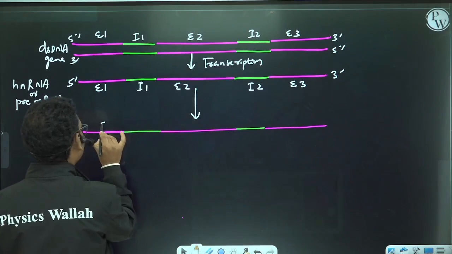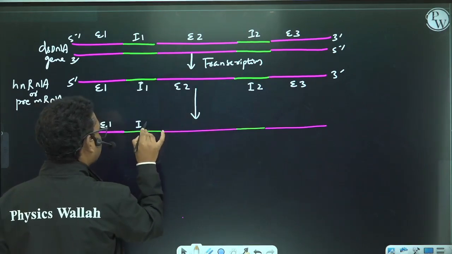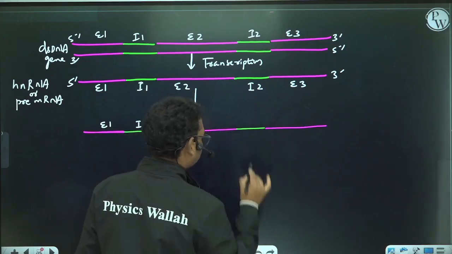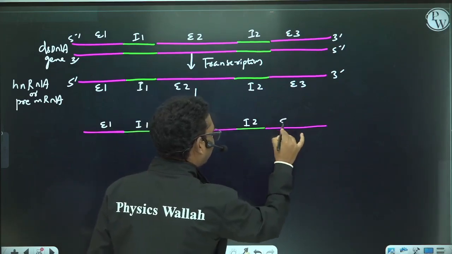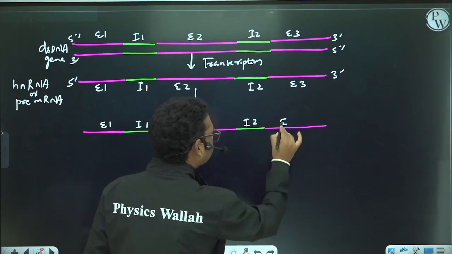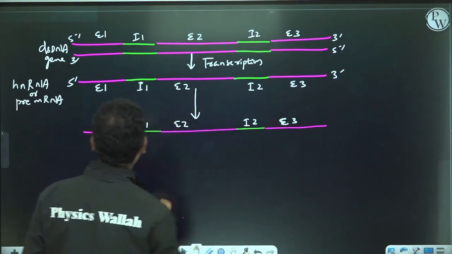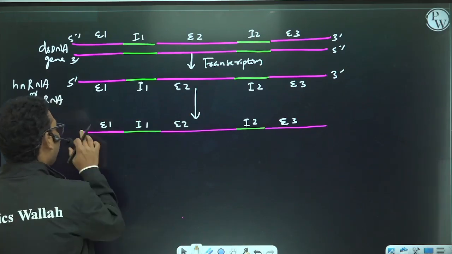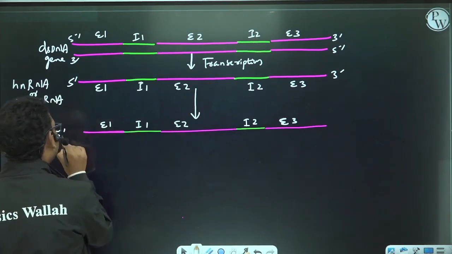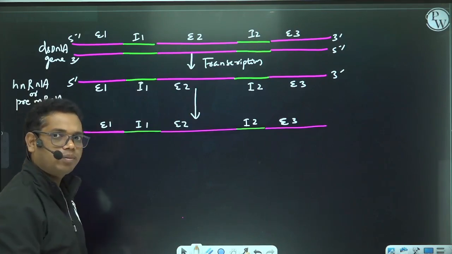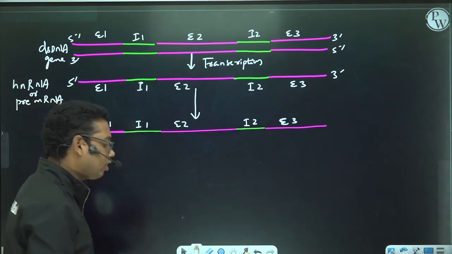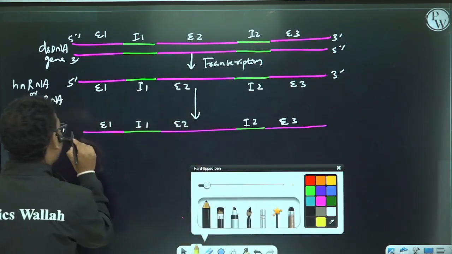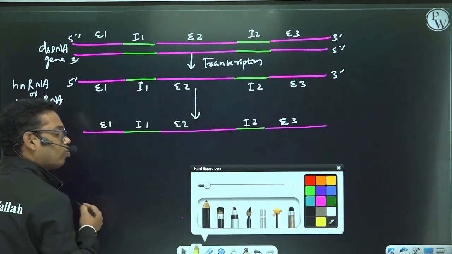So this is exon first, intron first, exon second, intron second, exon third. In the first step of post-transcriptional modification, at the 5' end, a cap will be added, in which a nucleotide will come and bind, which will have 3 phosphates.